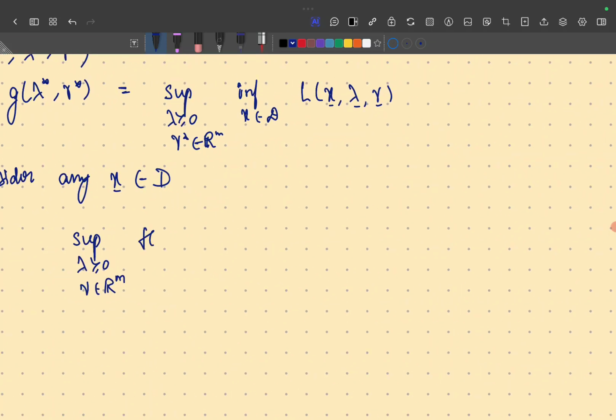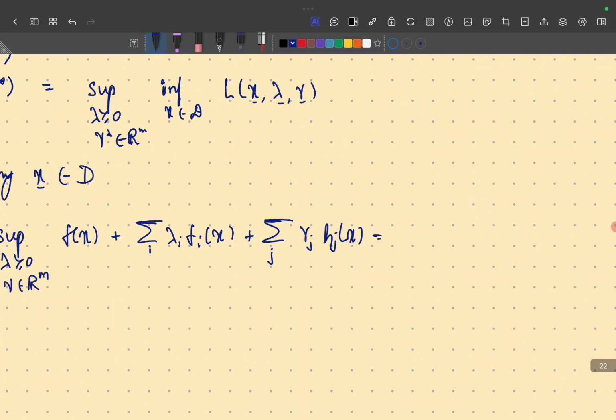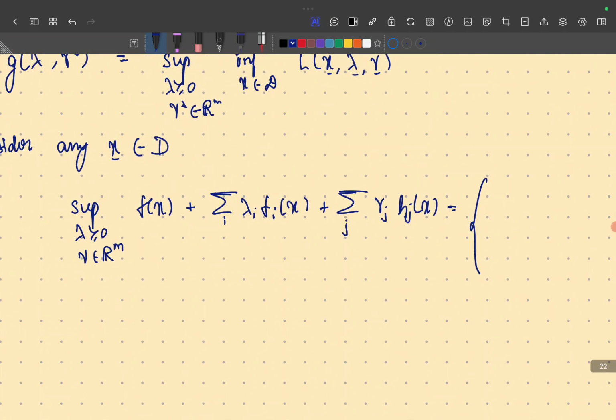but let me expand it out because it will be helpful. This is f of x plus summation over i lambda i fi of x plus summation over j nu j hj of x. So I take an arbitrary lambda and nu.